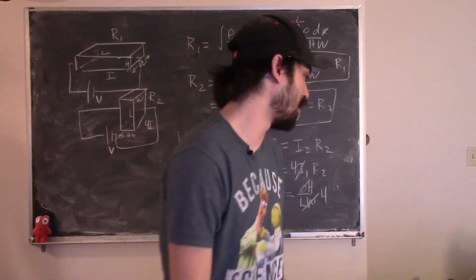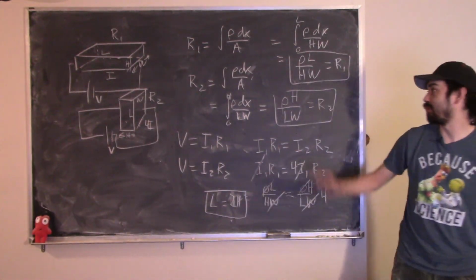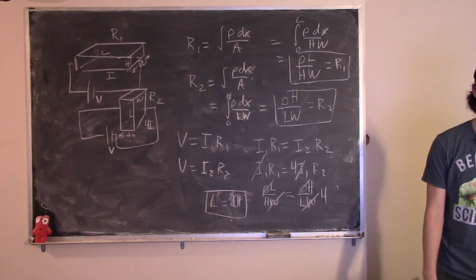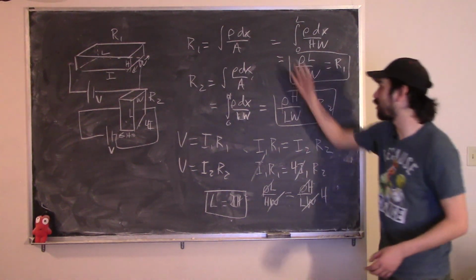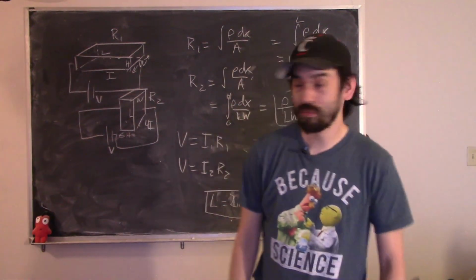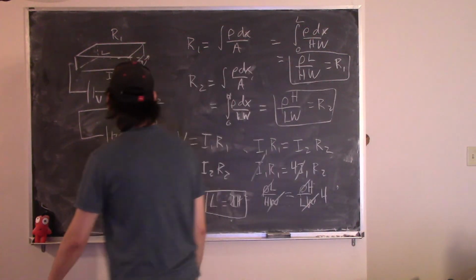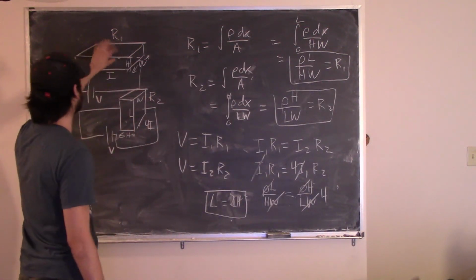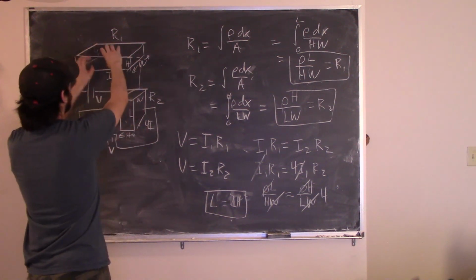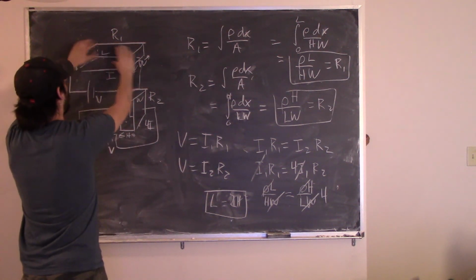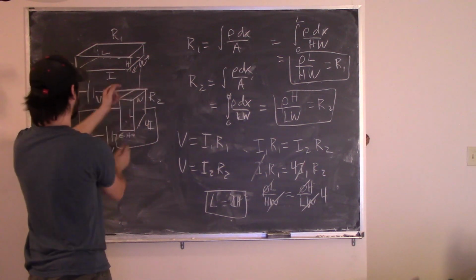Sorry about that. I'm not always looking at chat because I'm focused on solving the problem. But I'll give you guys a second to look at this, and I'll talk you through what I did again. So basically, we have these 2 slabs of resistivity, and it's actually the same slab. It's just whether it's in this horizontal orientation or whether it's in this vertical orientation.